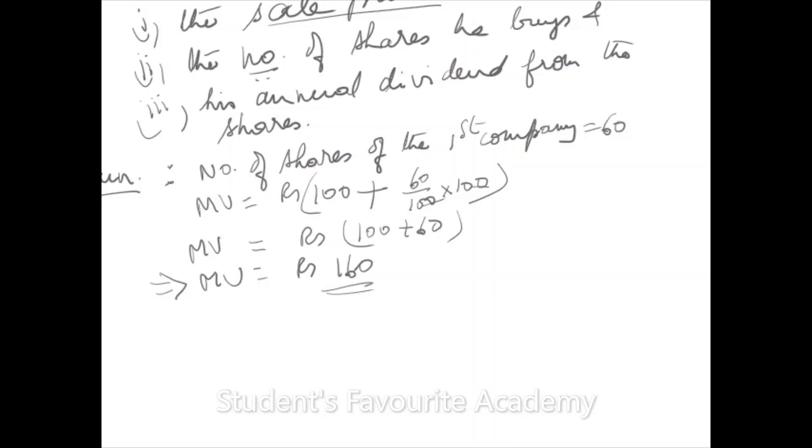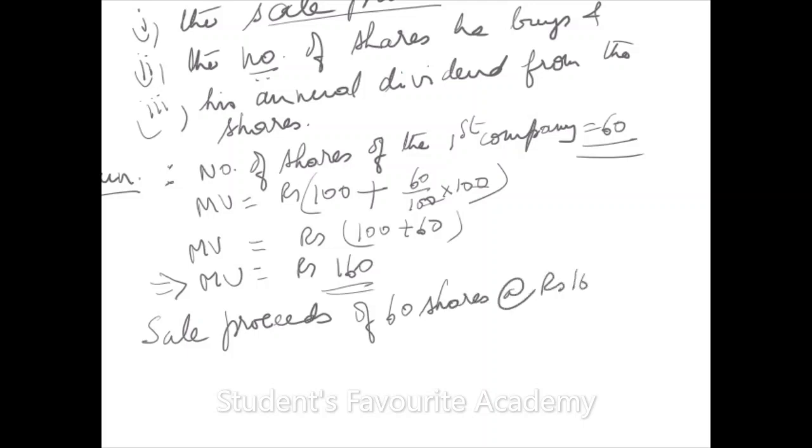Okay, so now, what will be the sale proceeds? Sale proceeds, how many shares he sold? He sold 60 shares. So sale proceeds of 60 shares at the rate of rupees 160 per share, isn't it? 160 is the market value of the shares when he sold them.